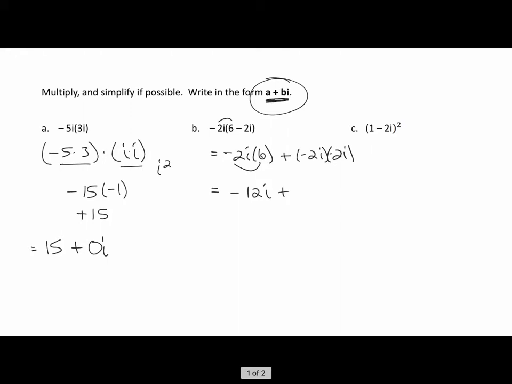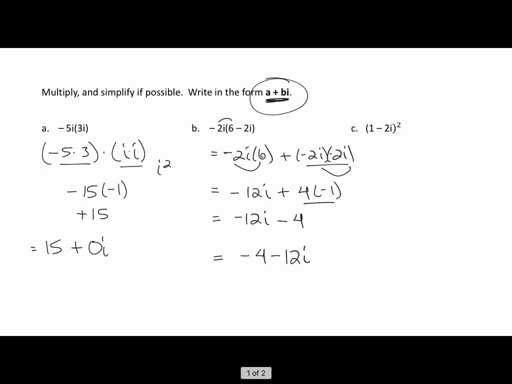And the next term, negative 2 times negative 2 is positive 4. i times i is i squared, which is negative 1. So this is negative 12i minus 4. But if I write this in the proper form, the real number comes first and then the imaginary unit.